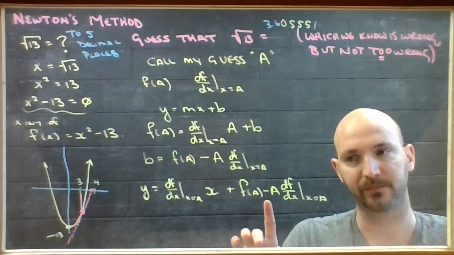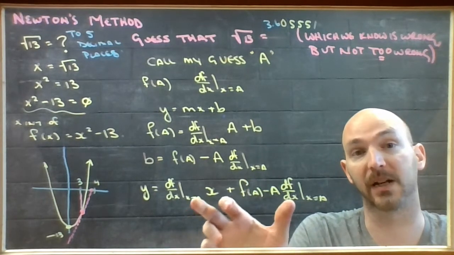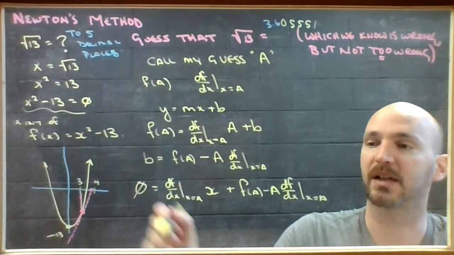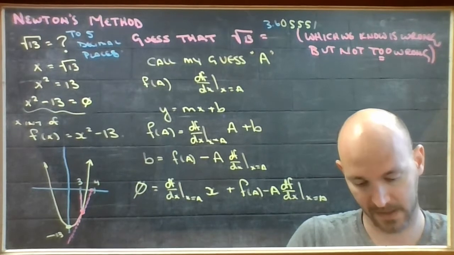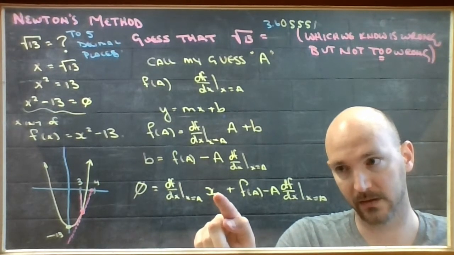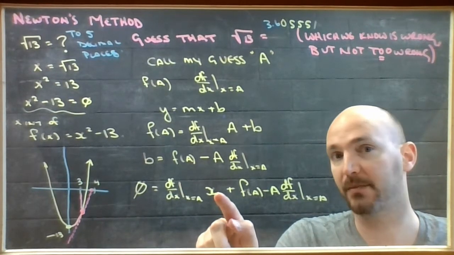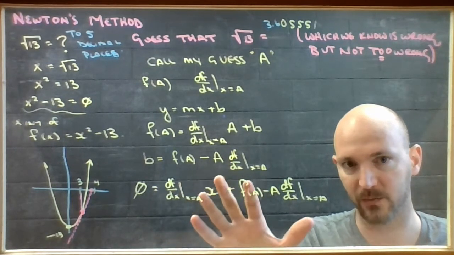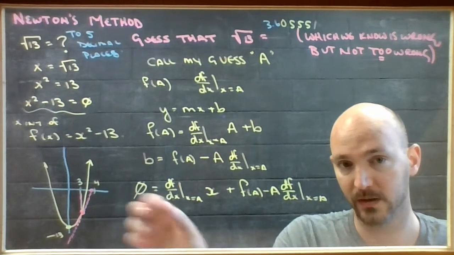The next thing I did once I had my tangent was I set this equal to 0 because I was trying to find the x-intercepts of this line. And this thing sitting here, that's my new guess. So I want it to say x equals. So I'm going to have to move some stuff. I'm going to move this over.